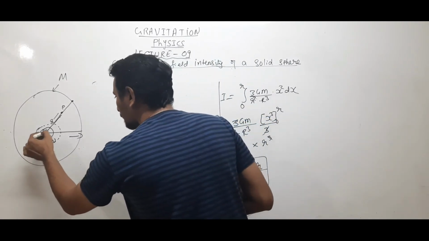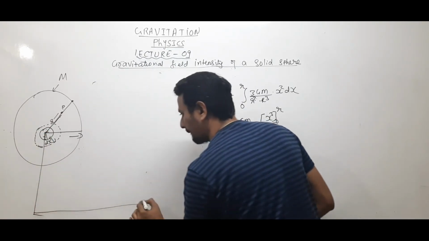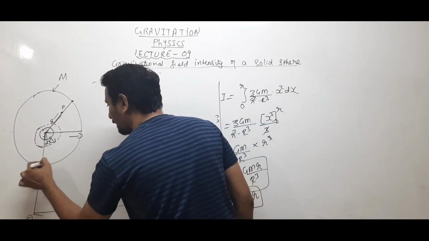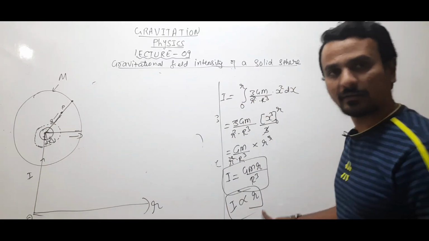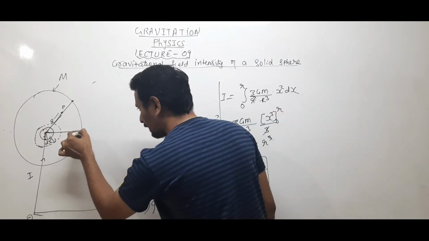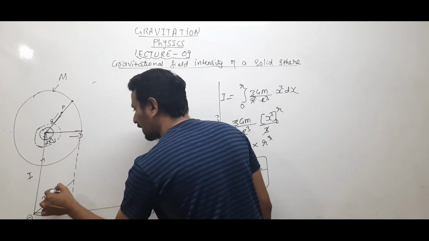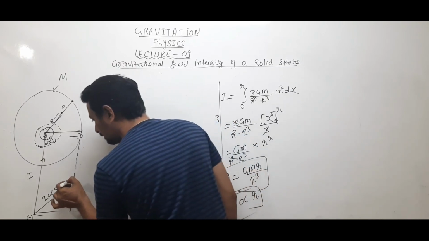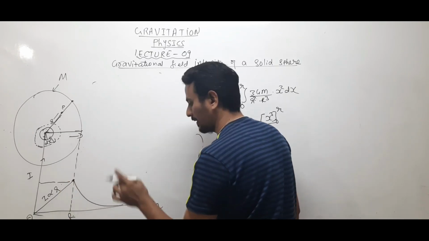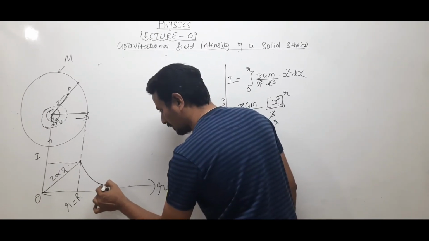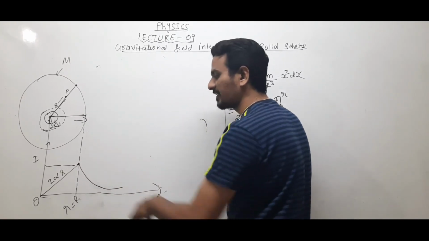Starting from the center to the surface, as r increases the intensity increases linearly, proportional to r. It becomes maximum when r equals R, and then it decreases as 1 by r square. Clear? This is how the graph will look.